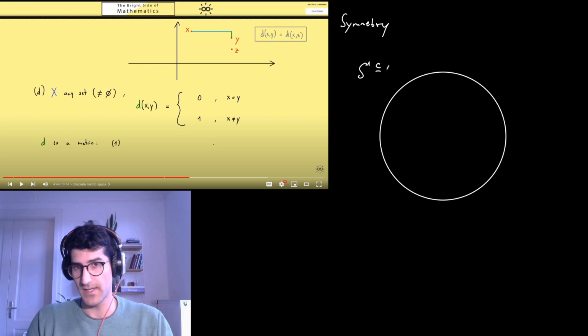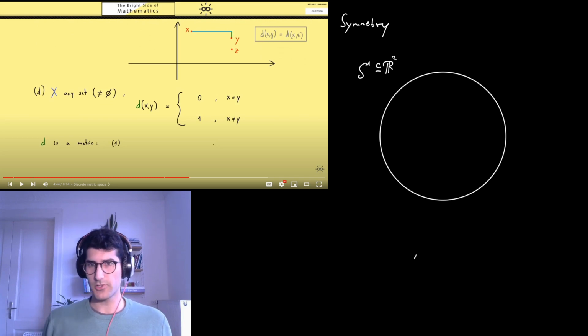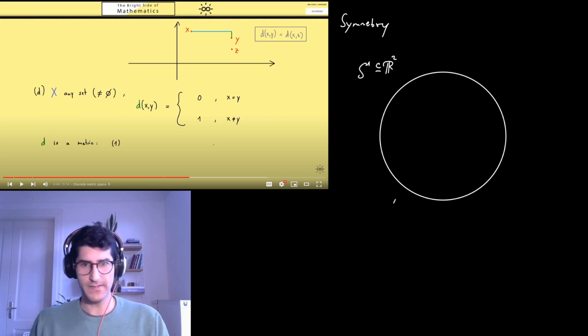So this is a subset of R2, and as such, it's not empty. So using the discrete metric, we can make it a metric space. But now I do not want to use the discrete metric. I want to use another metric that, for the sake of simplicity, I just call d_C for clock.